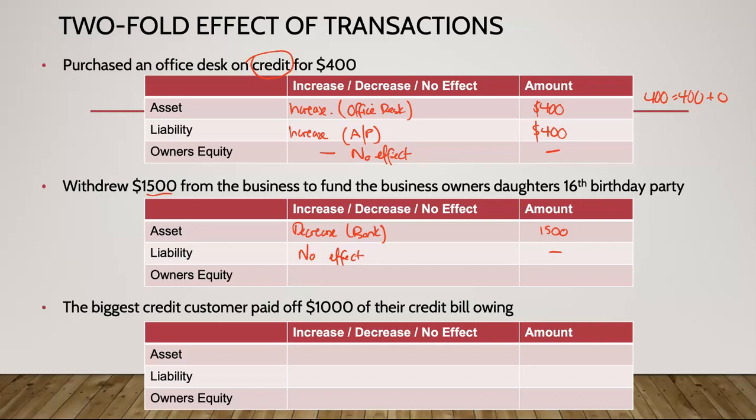So it must be a decrease in owner's equity. How is my owner's equity decreased? By $1,500, because I have a drawing. Drawings are something that, when they increase, result in my owner's equity decreasing.